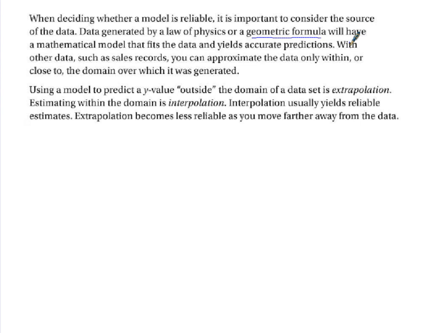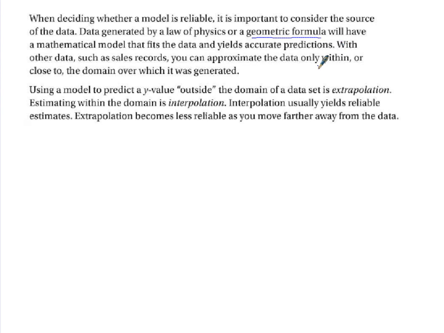And we had the one part of the project that was the length of the square and the area of the square. You generated that data using geometry, using a formula. So that data was perfectly accurate. You'll have a mathematical model that fits the data and yields accurate predictions, always, because it was generated by a formula or some other law of physics.